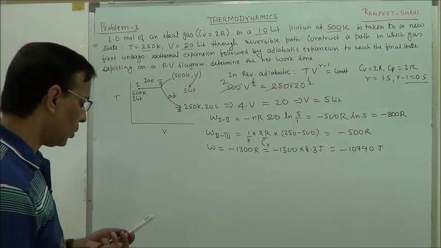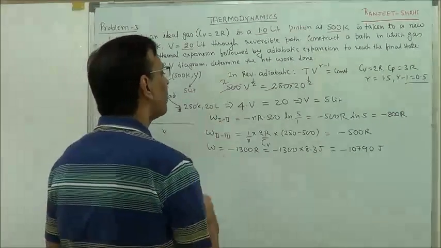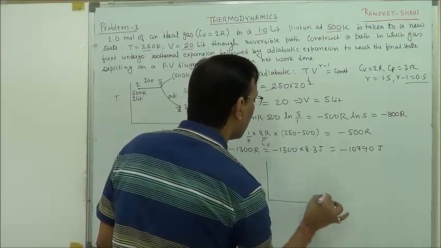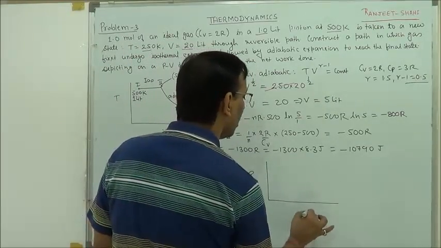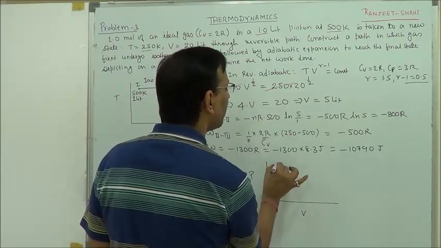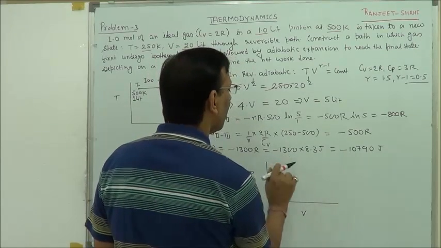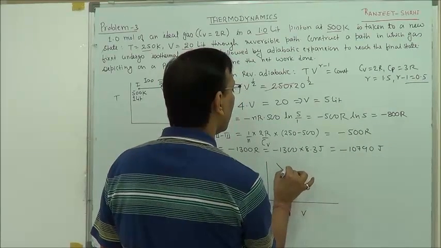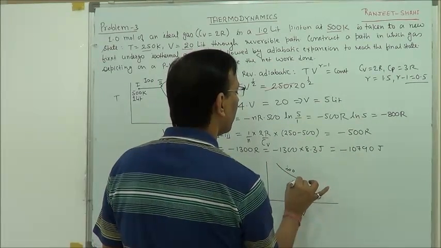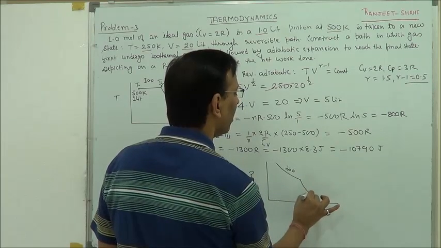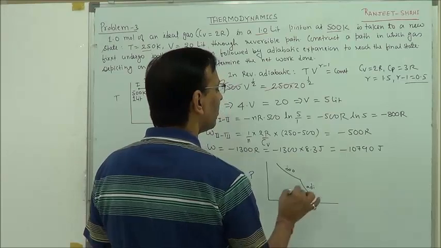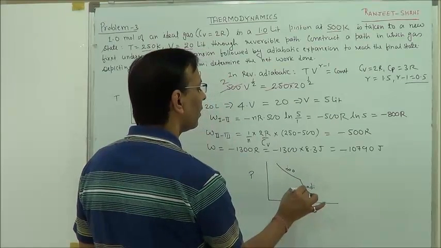If we want to describe this process on a PV diagram, if this represents isothermal, this will represent adiabatic, since slope is more for adiabatic.